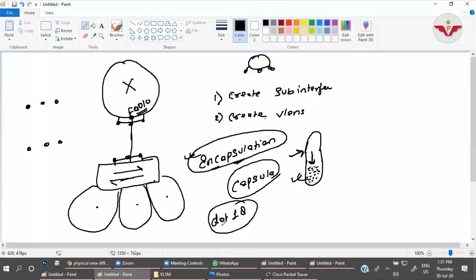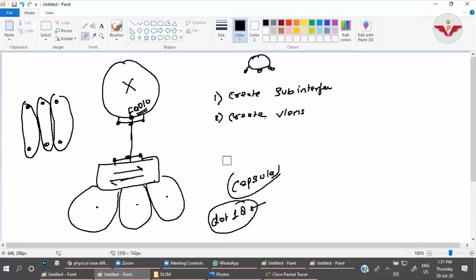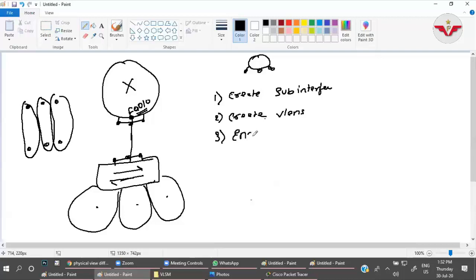This protocol is defined for encapsulation. So we will use this protocol to enclose this sub interface with this VLAN, this sub interface with this VLAN, this interface with this VLAN. So as per this, the third process which we use here is encapsulation.